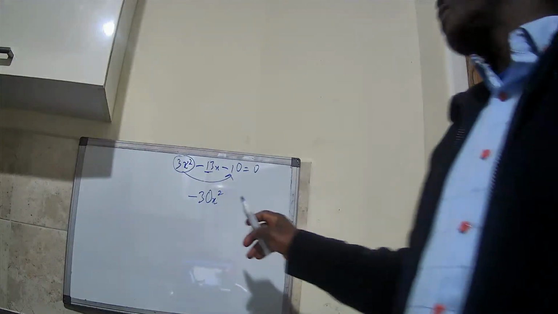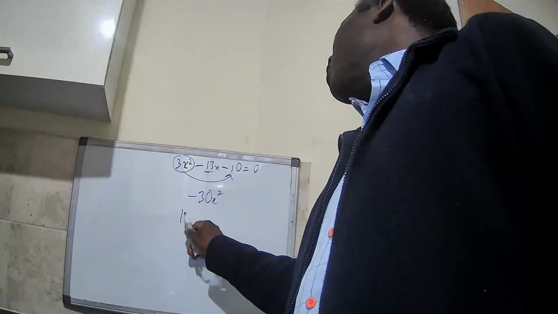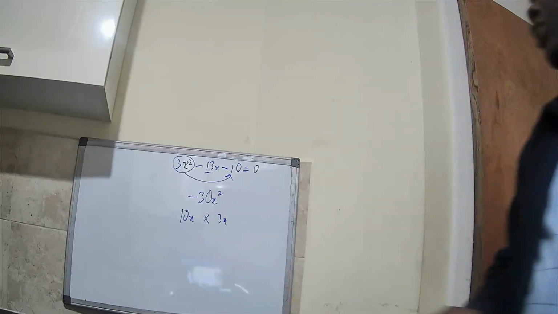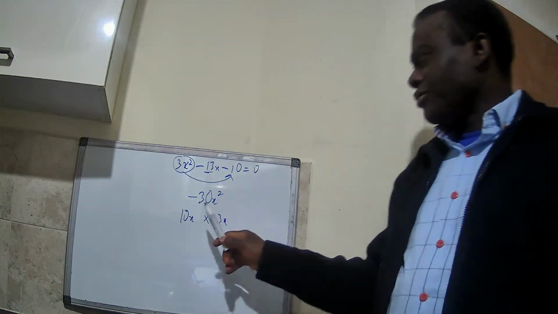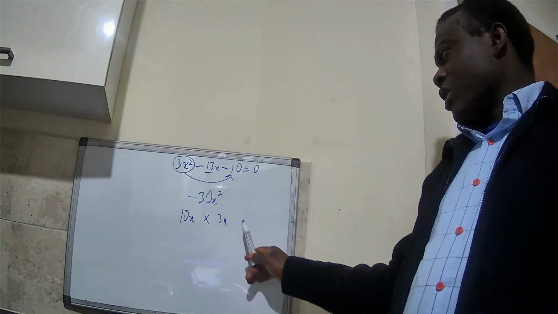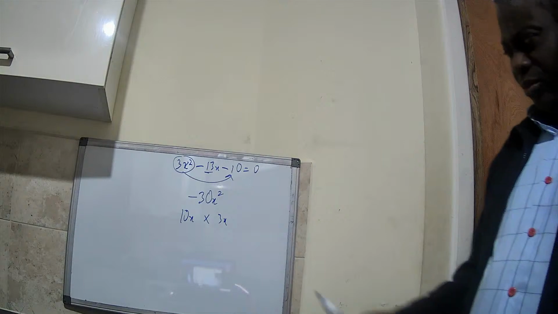So let's try 10x times 3x. If we try that, 10x times 3x will give us 30x squared.